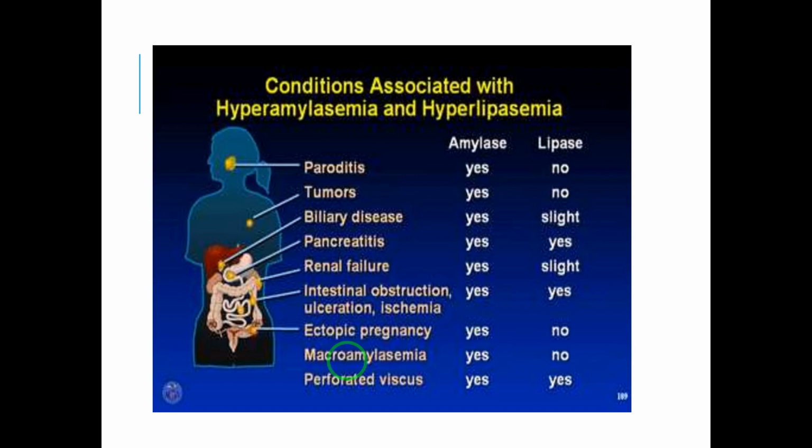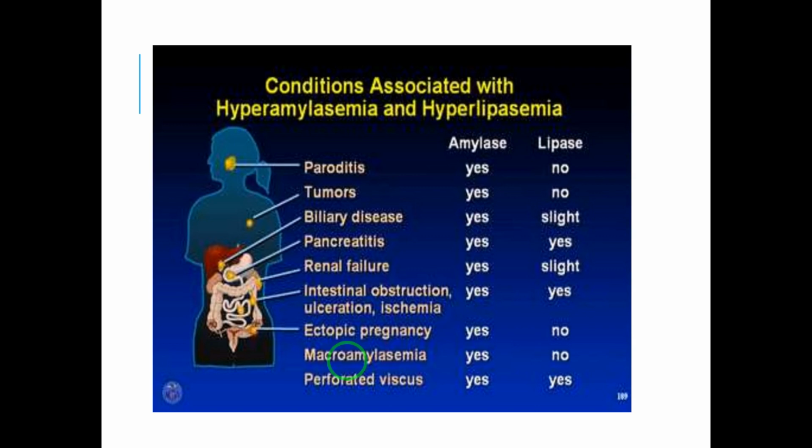In this condition, it makes a diagnostic confusion, because it may be misdiagnosed as other conditions of elevation of the amylase. So we will find many conditions that lead to an increase in the amylase, starting from salivary gland disease to biliary disease, pancreatitis, especially acute pancreatitis.